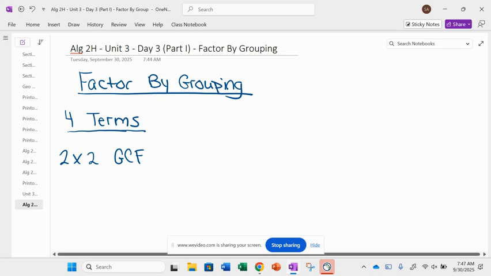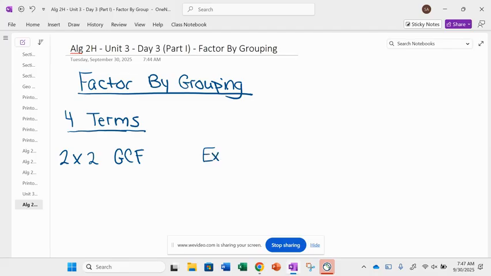And I'll show you what that could look like. So if I have 6x minus 6y plus 5cx minus 5cy.